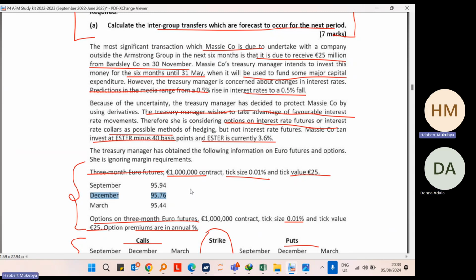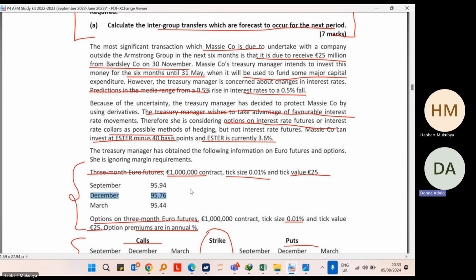So you're wondering why we're taking December futures? No, for the December future, it's understandable. But why I got confused is when we were looking for the basis date, because they usually tell you the current date. I was a little confused why we didn't look at November and May.